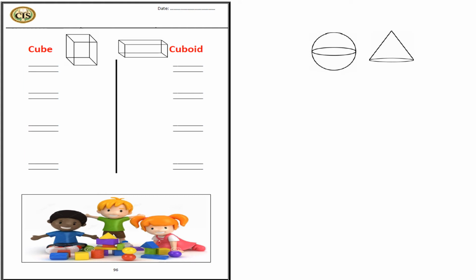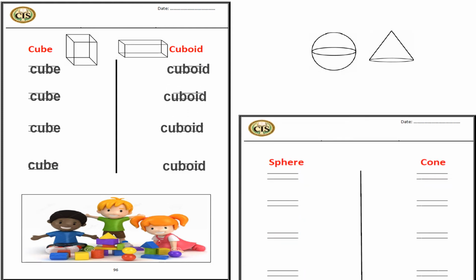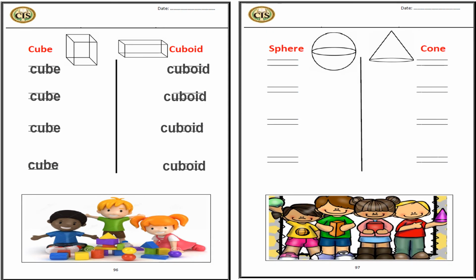We will write the word cube. How to write it? C-U-B-E. Then cuboid, C-U-B-O-I-D. And then how to write sphere? S-P-H-E-R-E. The last 3D shape, cone. How to write cone?